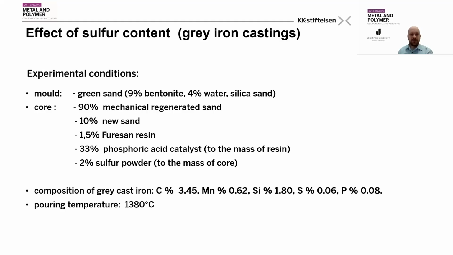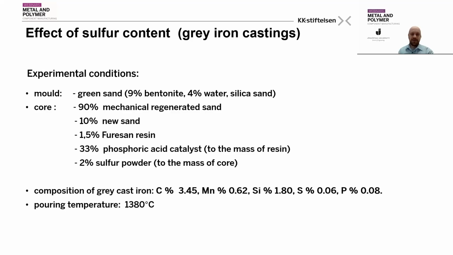So we prepared the mold for this step cone casting. We use green sand to make the outer surface of the casting for the mold. And for the internal core, which makes the steps inside the casting, we use regenerated sand, 90%, and 10% was new silica sand. And we use furan resin and phosphoric acid catalyst.